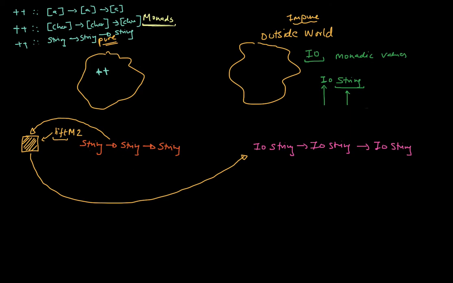So can I then write my code as follows? I'm going to say liftM2, and I'm going to pass in this ++ operator. The type of this entire thing is going to be an IO string to an IO string, giving back finally an IO string.